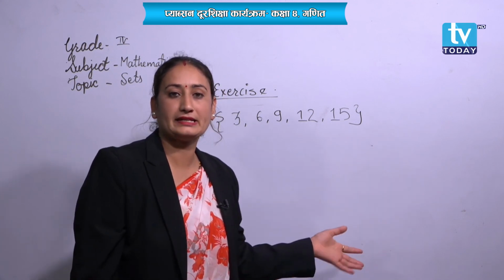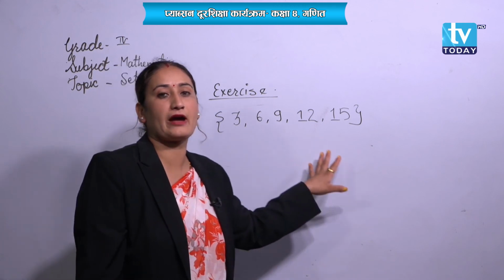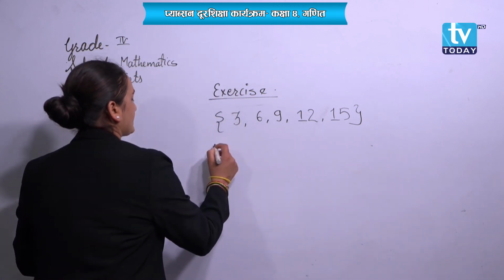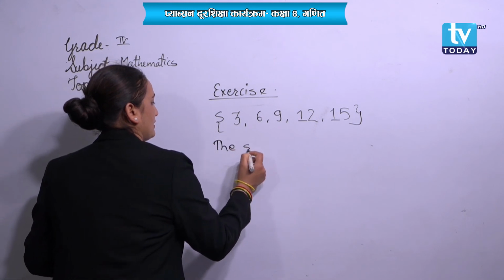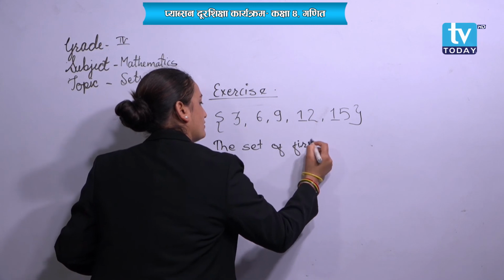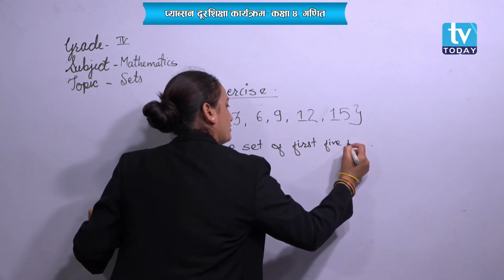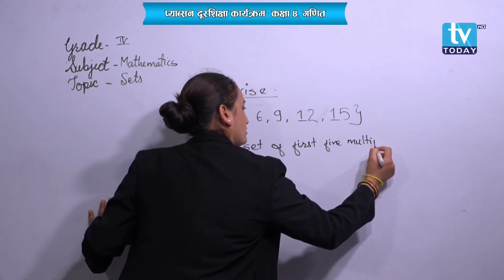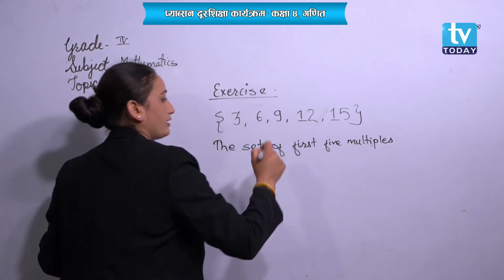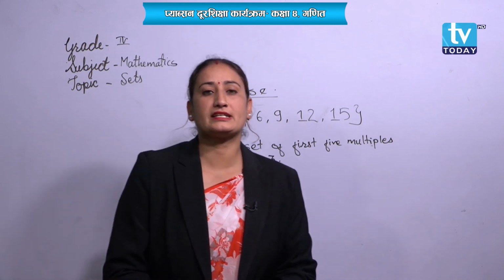Or we can write it, the set of first 5 multiples of 3. Can we write it? Let's write it. The set of first 5 multiples of 3. Done? Okay, students.